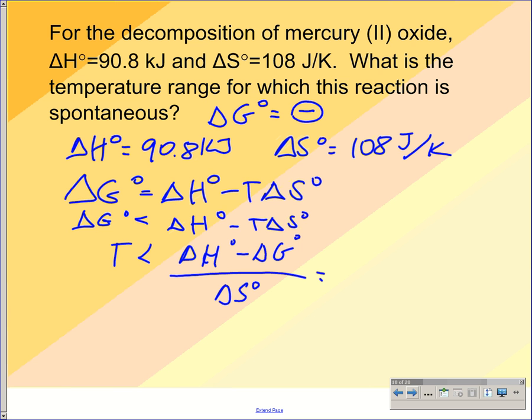What do you notice between ΔH and ΔS? It's kJ and J. Well, we need to go to one or the other. What do you want to go to? Joules. So how many joules is this? 90,800 joules. Yeah, you know what I meant.